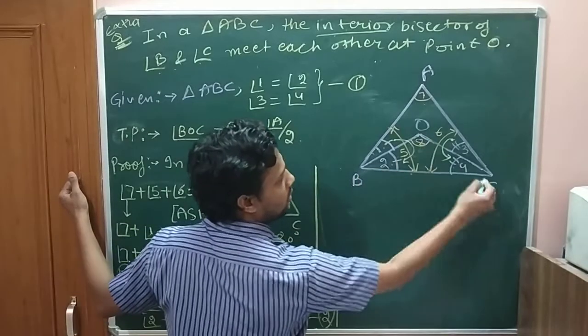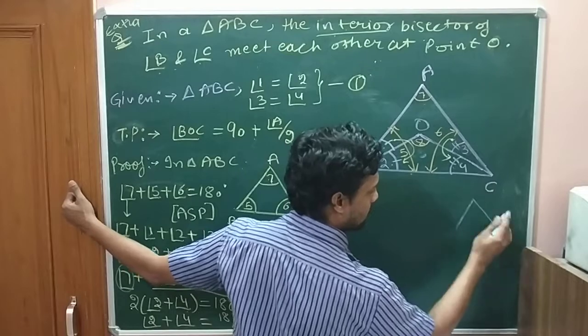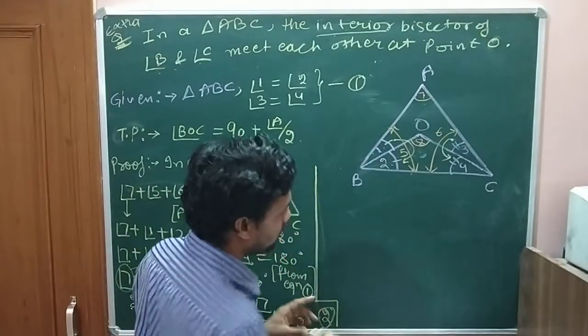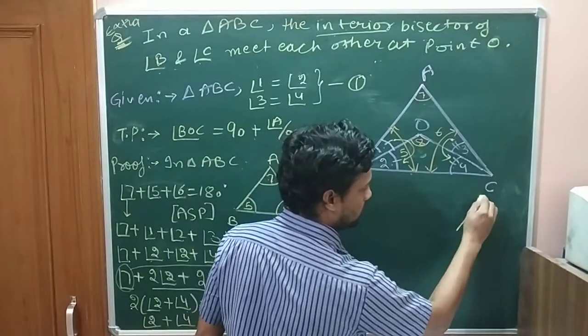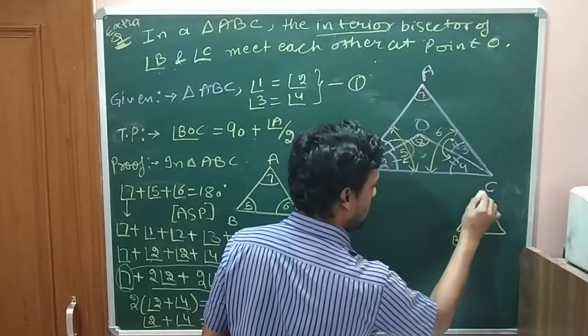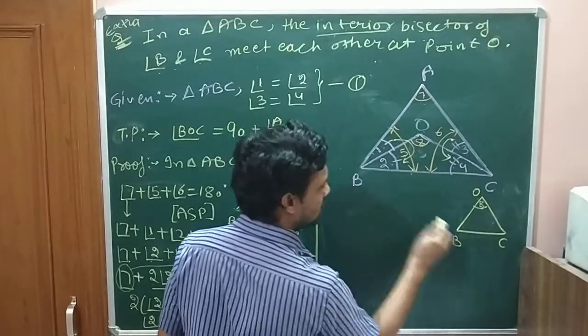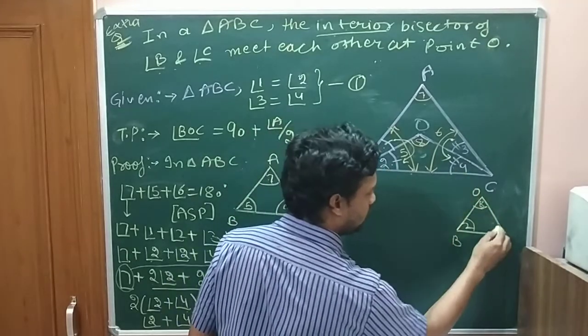Now in triangle BOC, the lower triangle BOC, this angle is 8, this angle is 2, this angle is 4.